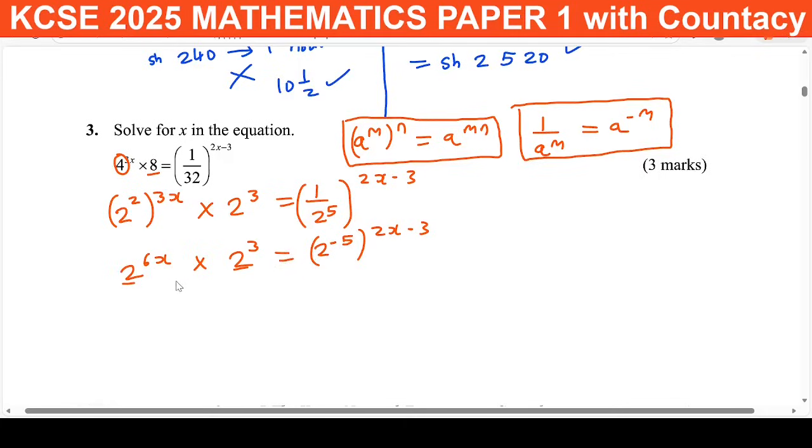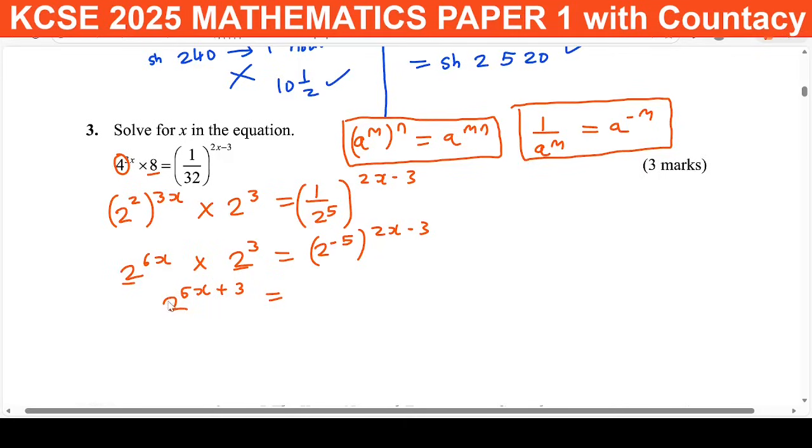Since they are fully related, we can put them together, and they are going to share a common base, and the base they are sharing is 2. We bring them together as they are, that is 6x, we bring this other individual together, and we add them, and remember they are sharing a common base too.